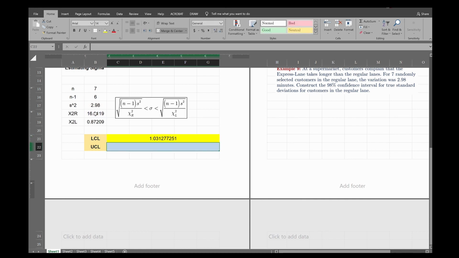And the other side will be the square root of, open parentheses, again n minus 1, times s squared, which is 2.98, divide by, this time chi-square left, which is that one. And there it is. My standard deviation is anywhere between 1 to 5. Thank you.